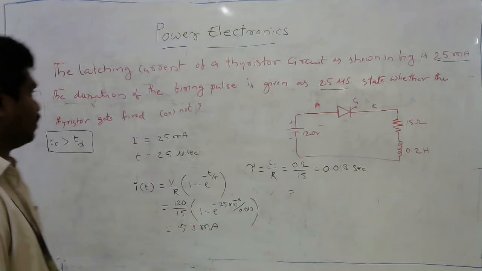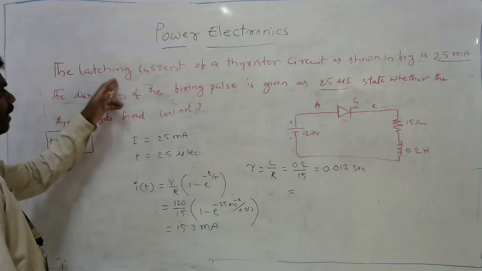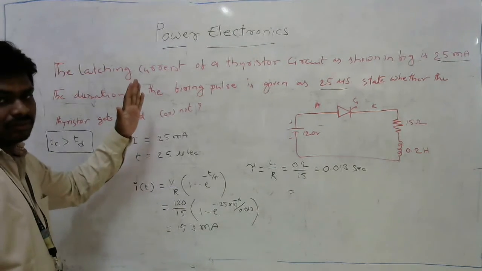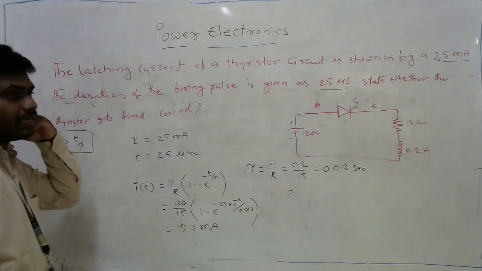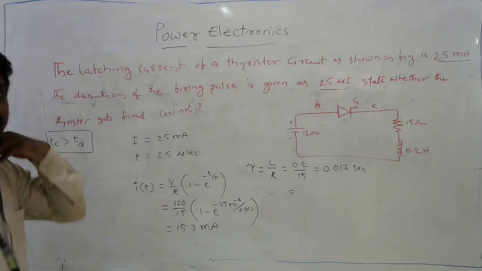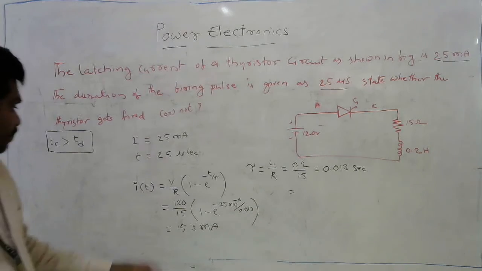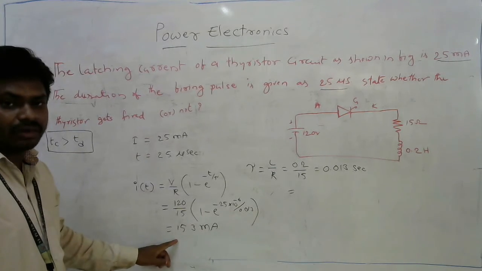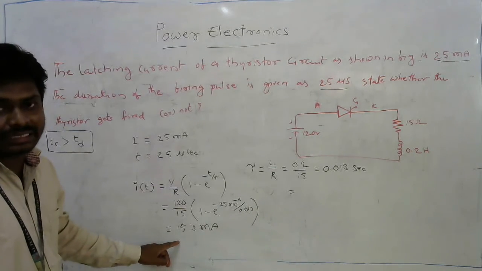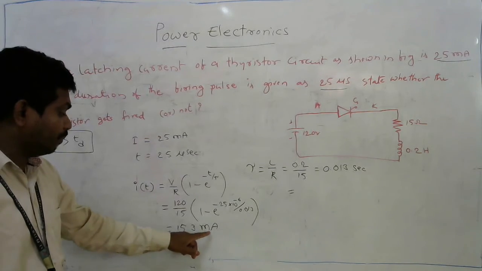That is the condition. The latching current is the minimum current, which decides the on state of the SCR. The current flowing through the SCR is 15.3 milliampere.